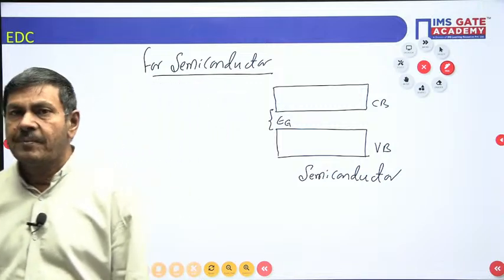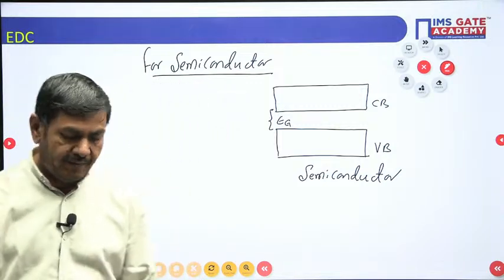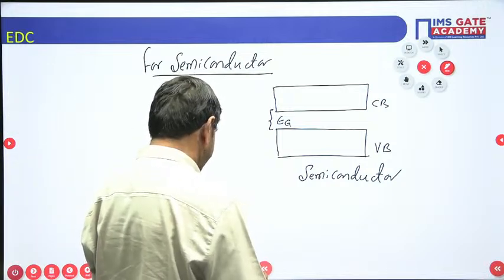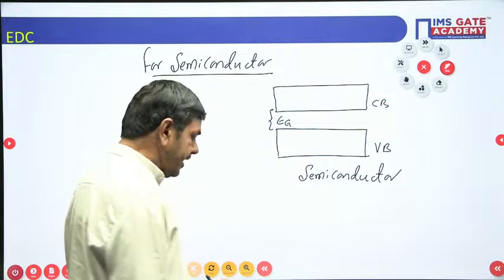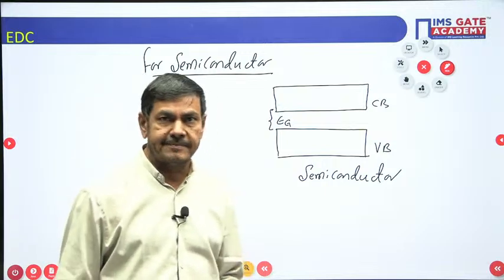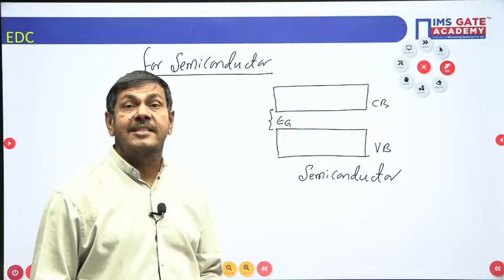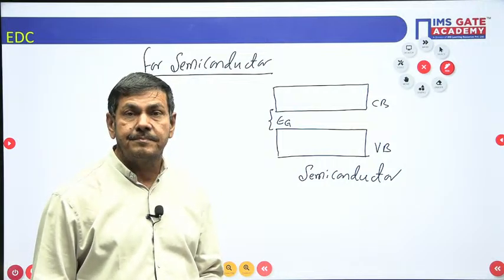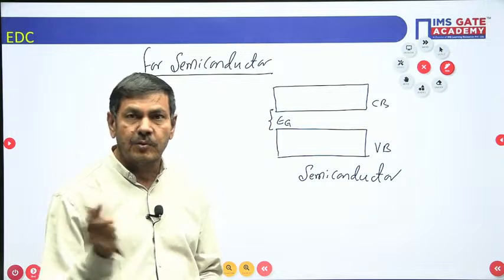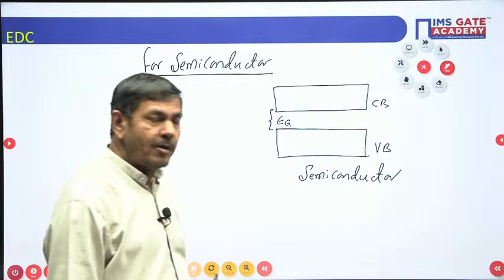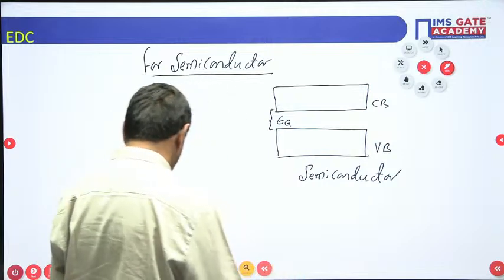Follow my point? And I would like to give how to find out the forbidden energy gap for semiconductors based upon the temperature. If temperature is changing, it is going to change. Good examples of semiconductors are germanium or silicon. Suppose for germanium, what formula can you use? For silicon, what formula can you use? I will give now.